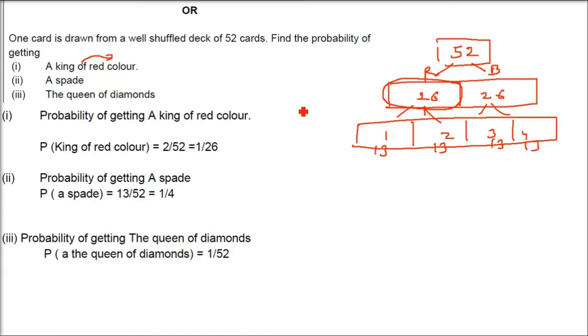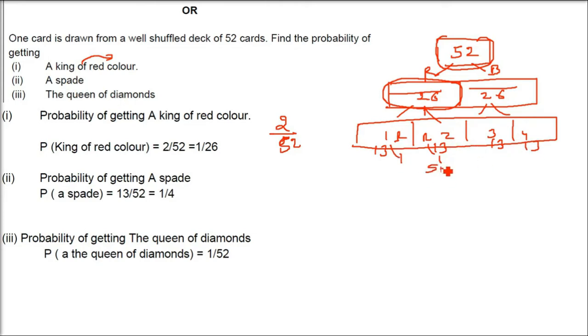So if you talk about king, one will come from one 13, and one will come from the other 13, because 26 are red. So there will be 2 kings. And what is the total possibility? The number of cards is 52. So 2 by 52 is the probability of a king of red color.